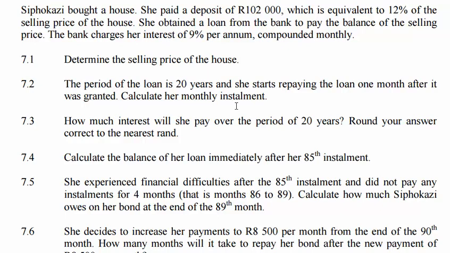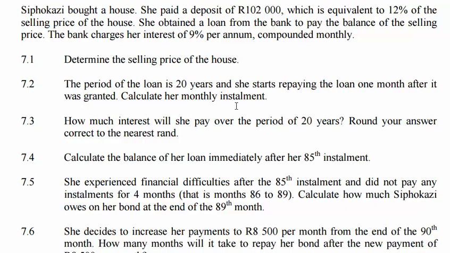So let's say she's paying back 10,000 Rand a month. She's paying it over 20 years. So it's 12 times 20, 240 times 10,000. That answer you get, you subtract the original selling price, whatever is left, that is interest.